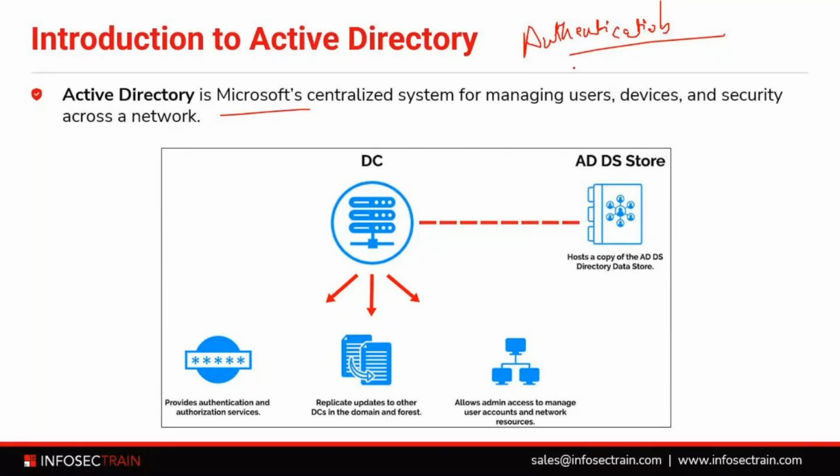Then the second is authorization. Authorization means providing the privileges, the rights or permissions, what permissions the user has. If I went to an ATM, in that ATM I basically authenticated myself. How did I authenticate? I inserted my debit card, I entered my PIN, and then it authenticated me.